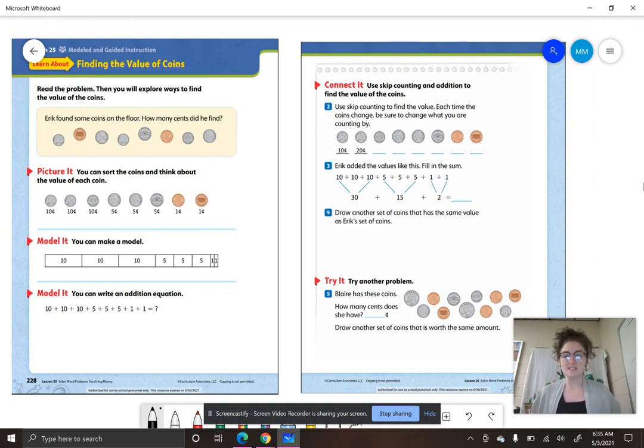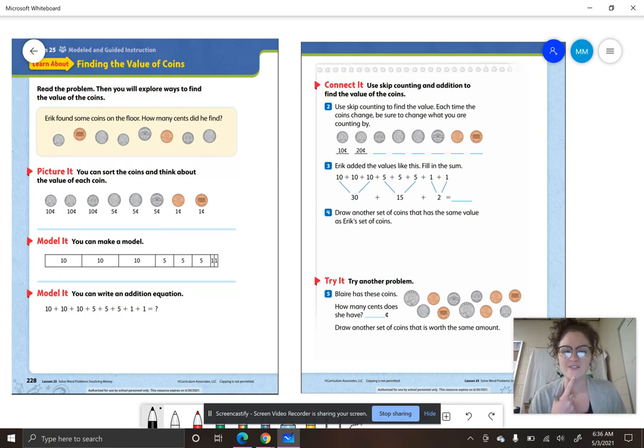Now, remember, Smarties, in our last lesson, we talked about how we could have a greater number of coins, but the value of those coins might be different than if someone had another group of coins. So let's look at the coins that Eric found. Eric found 3 coins that have a value of 10 cents.